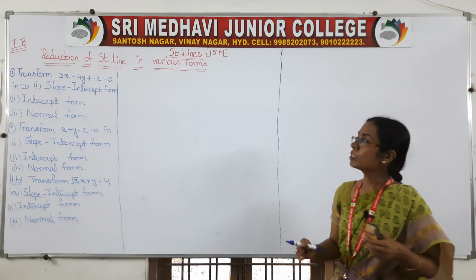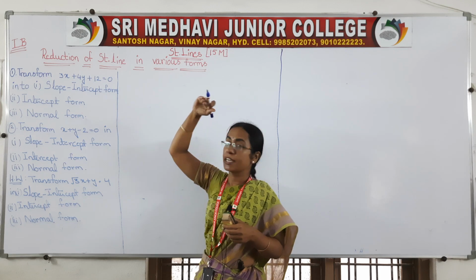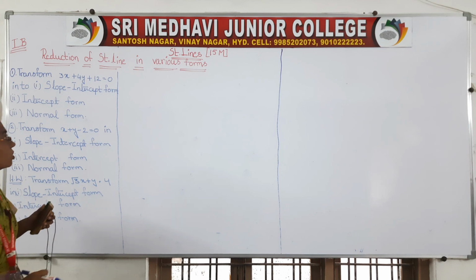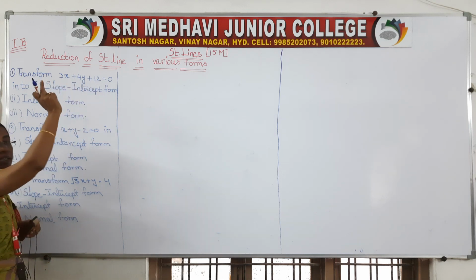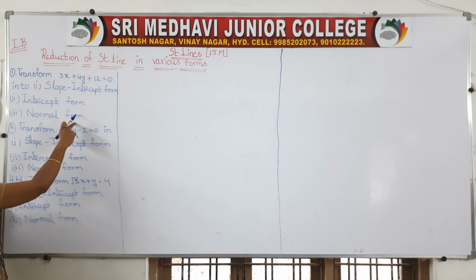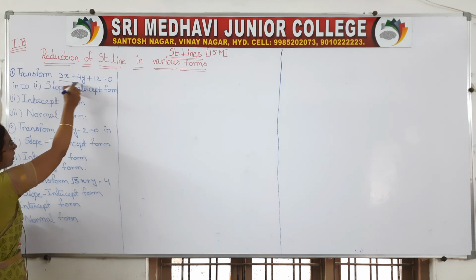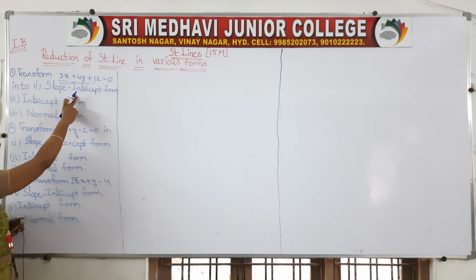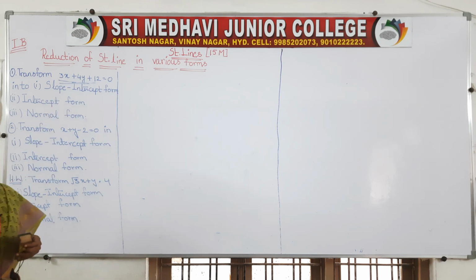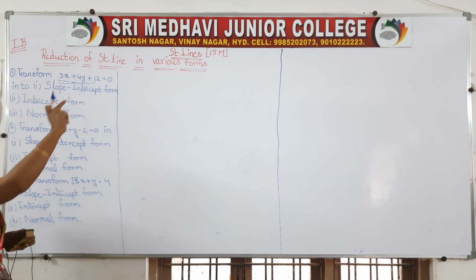In that question, they will give one straight line equation in general form, ax plus by plus c is equal to 0, and we transform that into slope intercept form, intercept form and normal form. This is the most repeated 4 marks question, and that's why your topic is reduction of straight line in various forms.